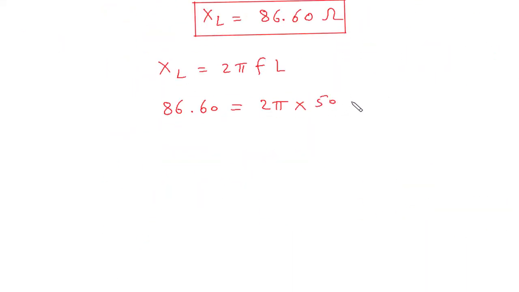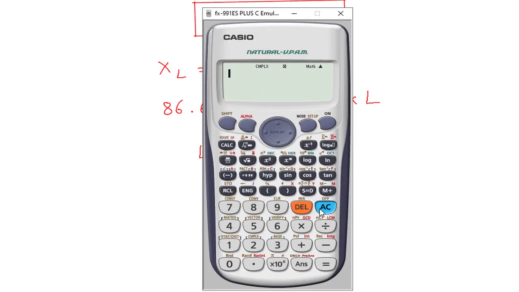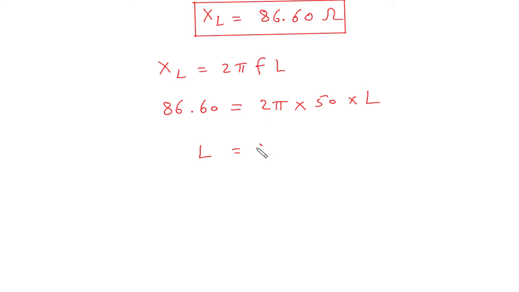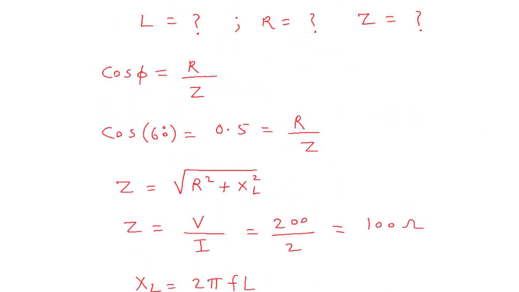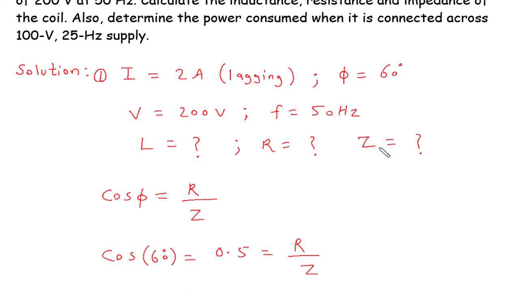We have to find the L. So L is equal to this value divided by 2 pi into 50. So it is 0.275. The unit of inductance is Henry. So we have the value of L, R and Z.